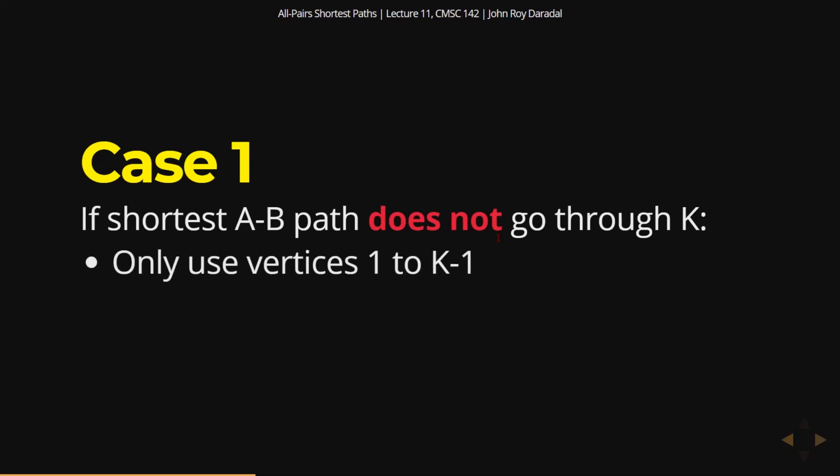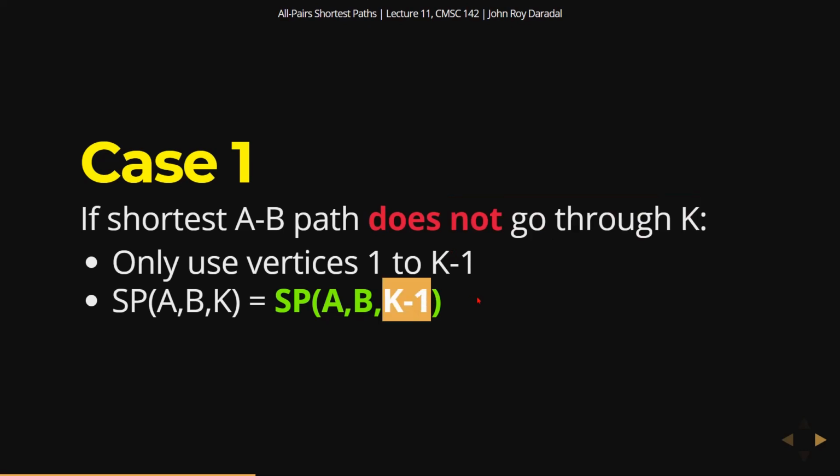Then you're only using vertices from 1 up to k minus 1, since you're not including the last vertex k. So you could express SP(A, B, k) as SP(A, B, k minus 1), because anyway you're not passing through vertex k. So you can just use from 1 up to k minus 1.